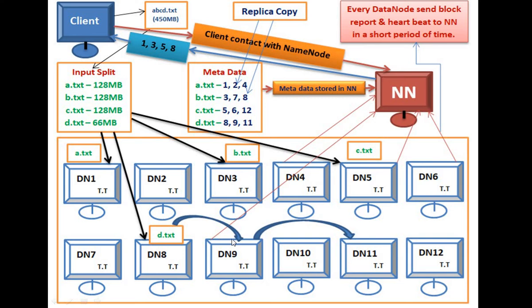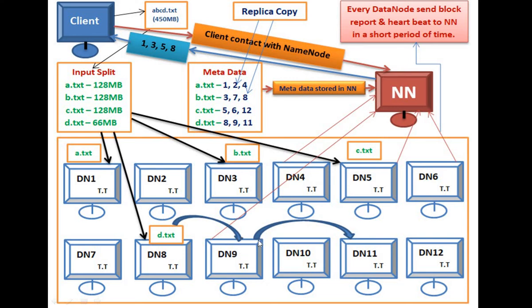When we are replicating the d.txt file on data node 9, after successfully storing this file, data node 9 sends an acknowledgement to data node 8: hey data node 8, I successfully stored this file onto my block.